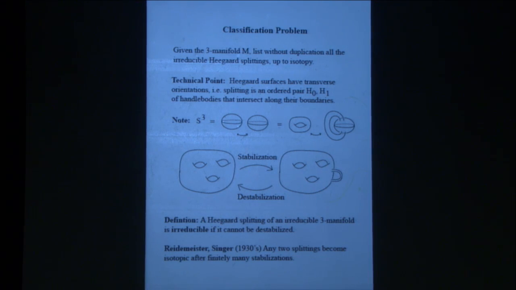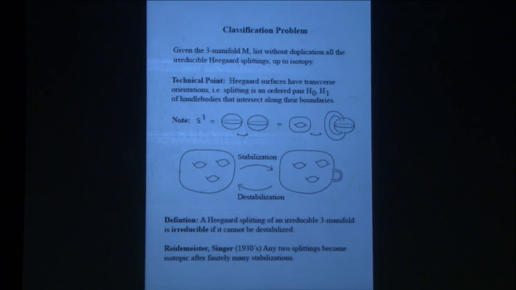First, there's a little technical point of exactly what we mean by Heegaard splitting. I said it's a decomposition of the manifold into pieces glued together, but there are slightly different ways of thinking about this. For the purposes of this talk, let's think of a Heegaard splitting as an ordered pair.